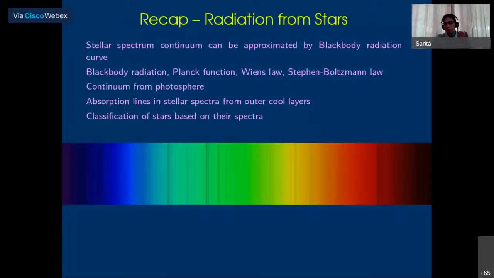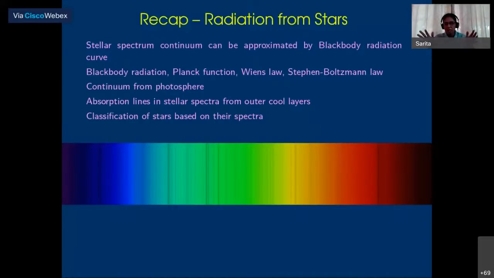Therefore, the spectrum that we measure of stars is from the photosphere, where the photons are coming from, and superposed on this are spectral absorption lines, which come from very less dense or cool gas that is outside, because in the case of stars we cannot define a sharp cutoff.